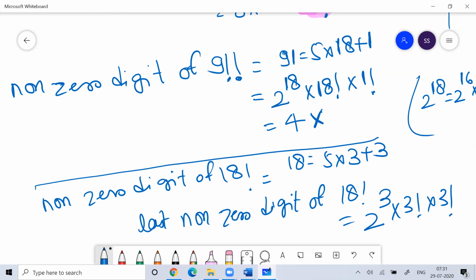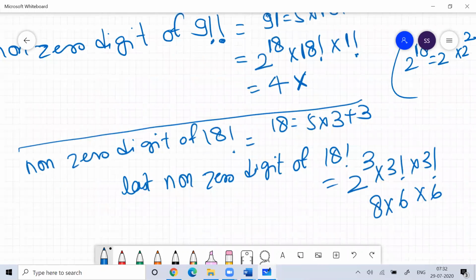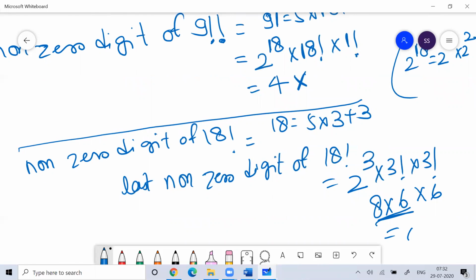So 2 to the power 3 is 8, 3 factorial is 6, and 3 factorial is 6. 8 into 6 is 48, so it'd be 8. So 18 factorial will end with 8.